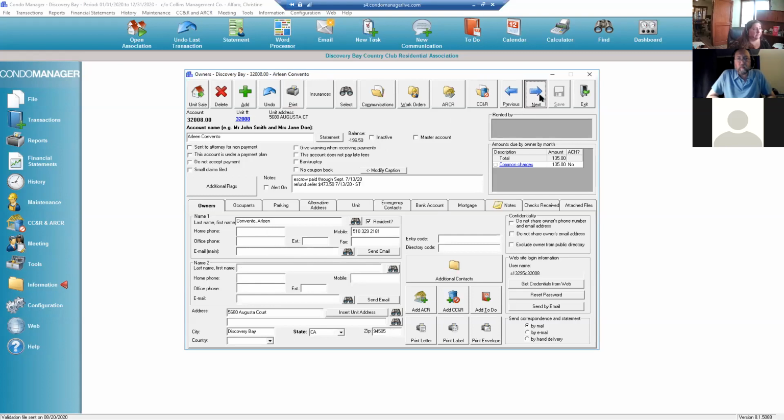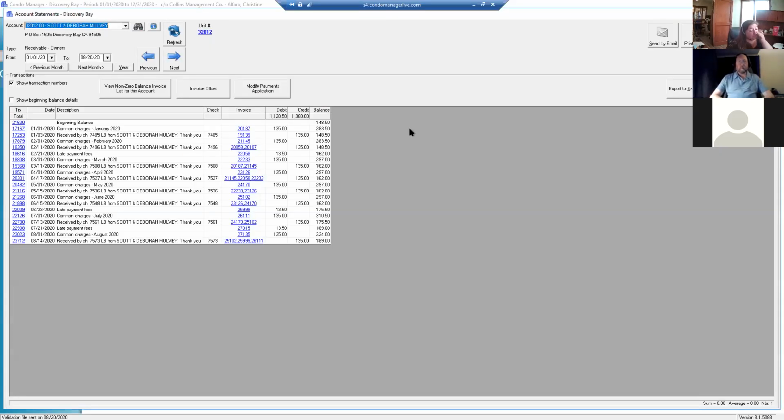One thing that I've talked about in a couple of meetings, because it has come up, is that when we have a unit that sells, this system does not break up the accounts. So you might have prior owner activity on an account that has a new owner. It will always say the name that the payment came in from, but you could have a combined statement with two owners on it.